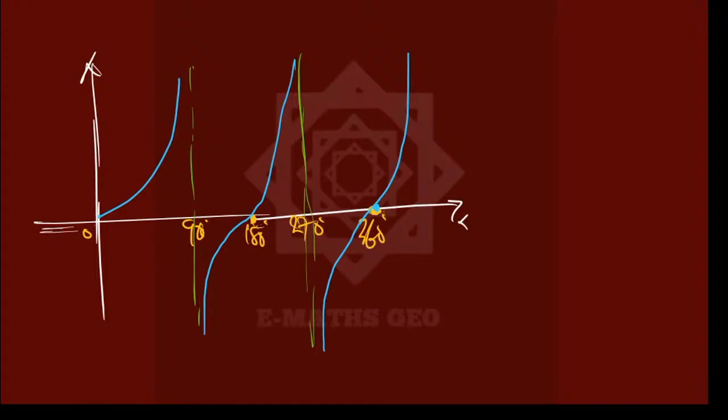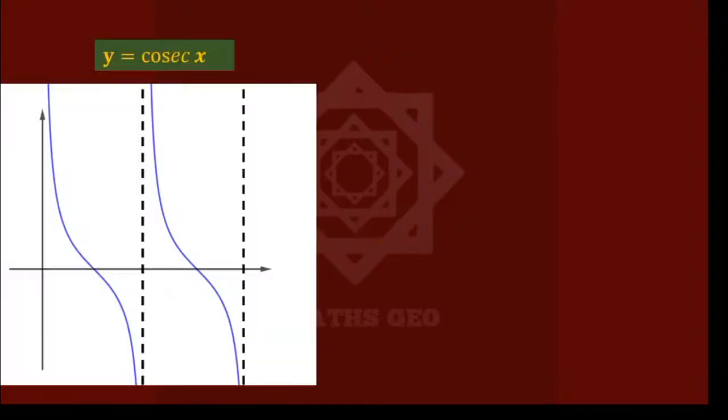So see how it will look. Since at 0, okay, this is cut. So at 0, there is a vertical asymptote.